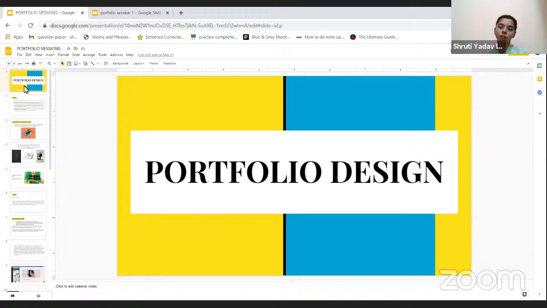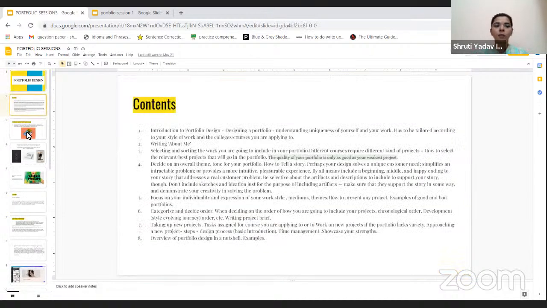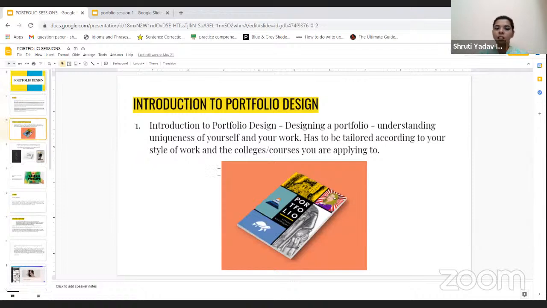So how to show the best part of you, or how to show all of this work in a light which is going to make this connect or come together as one instead of being different parts of your creativity. So when you think about a portfolio, first thing that you need is a good starting.